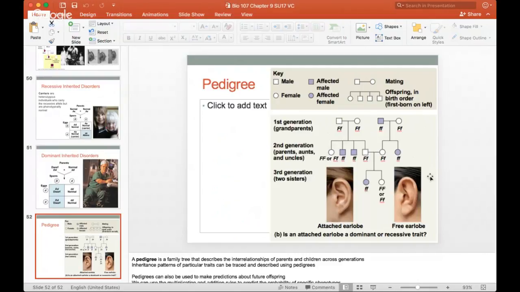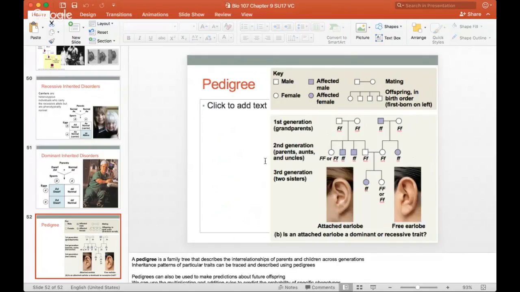Okay? So free earlobes, where we have the shaded in being affected. So shaded in has a free earlobe. Open shows not affected, which means in this case, not a free earlobe. We can also use this for other things like Huntington's disease, like blonde hair, like hemophilia. All kinds of things that we can show through pedigrees.